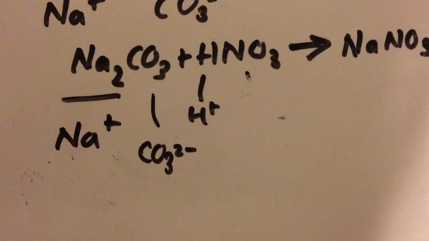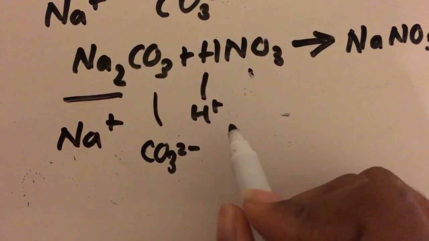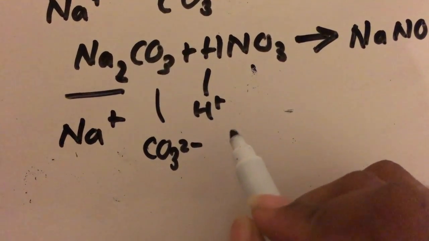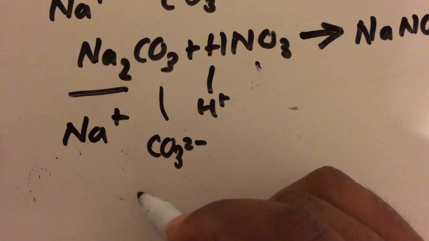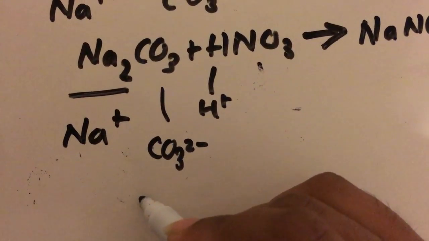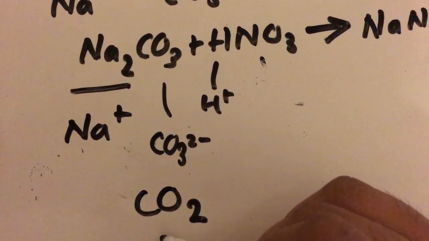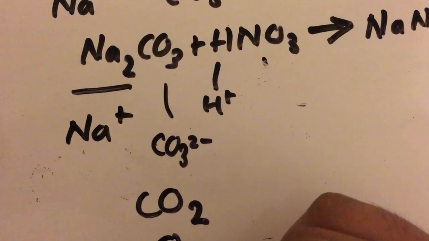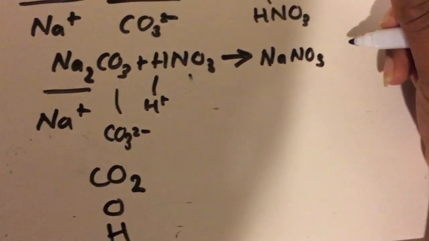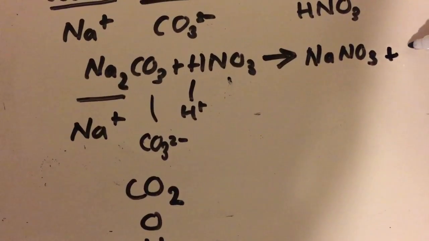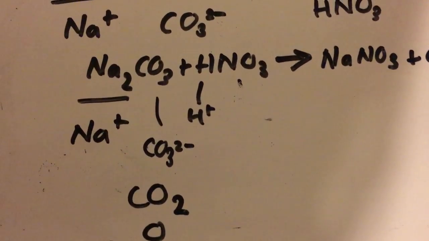Looking at what we have left over here, we've got 1 hydrogen and 1 carbonate. But if you think about it, carbon dioxide's formula is CO2, which means that we've got a CO2 and we've got an oxygen and a hydrogen. So basically we're going to have plus CO2, that's balanced, plus H2O.